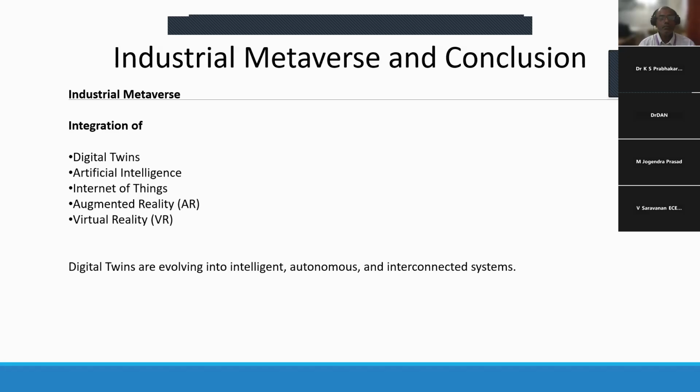In that way, engineers can enter virtual environments, interact with the digital twins in real time, visualize complex systems, and evaluate many operational scenarios. This can transform the way products are designed, manufactured, maintained, and optimized.